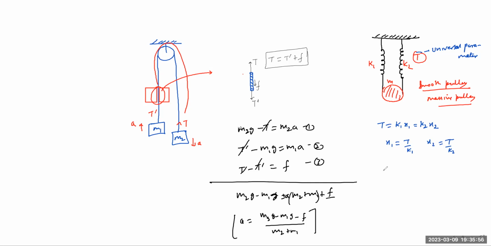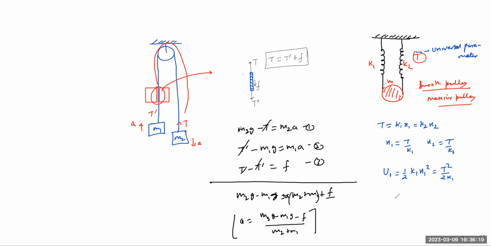Energy stored. The potential energy in the first spring will be half K1 x1 square, right? Yes. But actually, the tension is common for all. So this we can also write as T square by 2K1, isn't it?